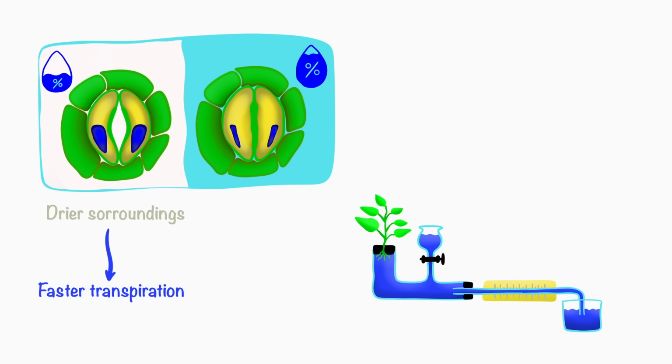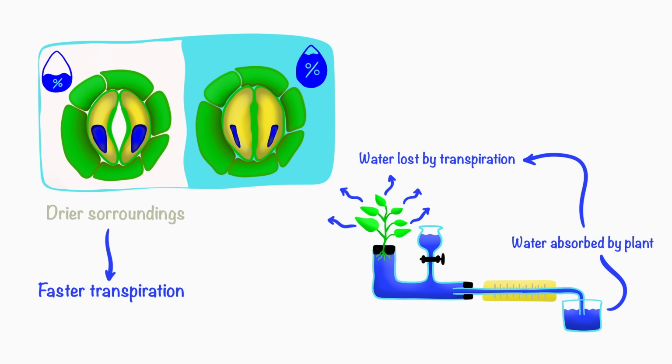Scientists can measure transpiration rates by monitoring water uptake by plants. This approach works because the amount of water absorbed by the plant correlates directly with water lost through leaf transpiration. To conduct such measurements, researchers use equipment featuring a plant with roots in water, a narrow tube, and a method to track air bubble movement in the tube.